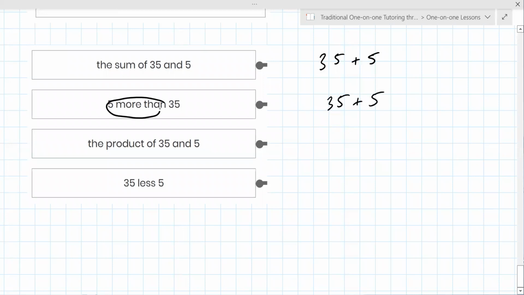Yeah, since it's more than, it means start with the 35 and then add to it. Good. And then the product is multiplication, so 35 times 5. And then less is subtraction, so 35 minus 5. Really good.